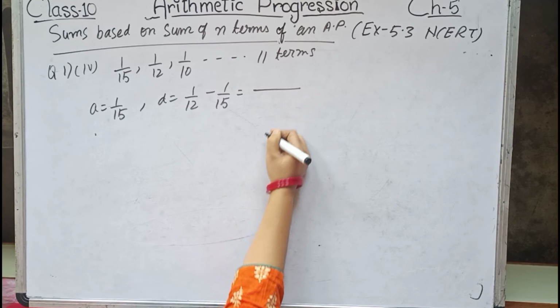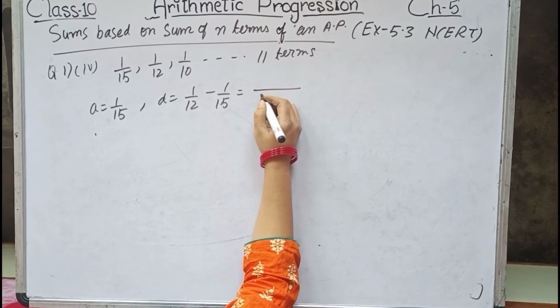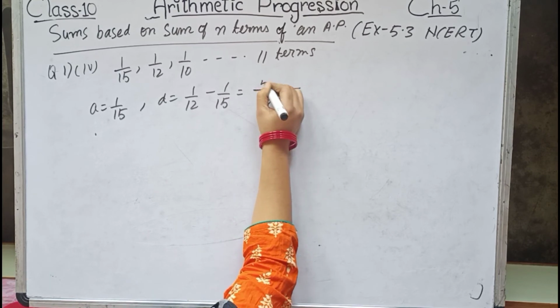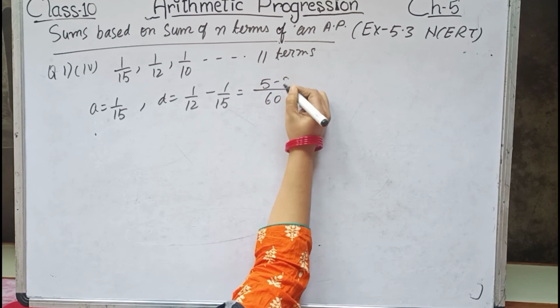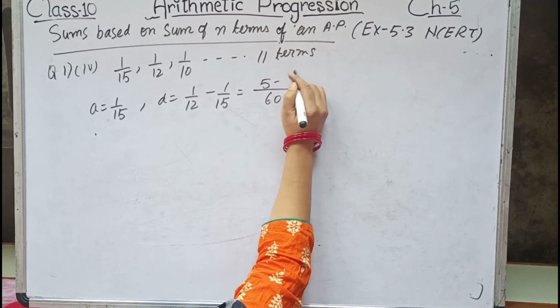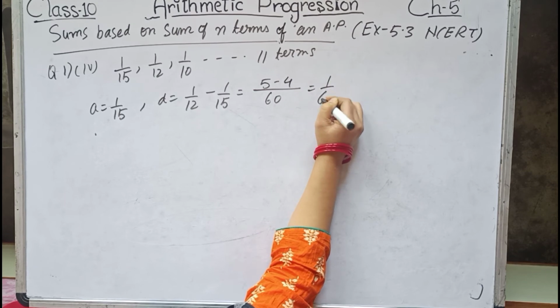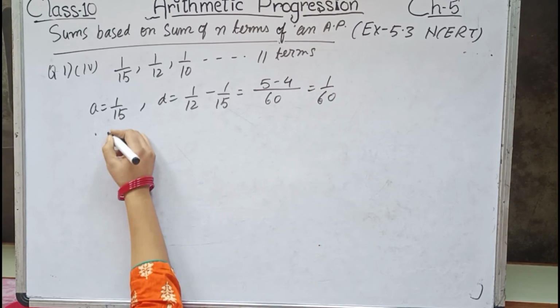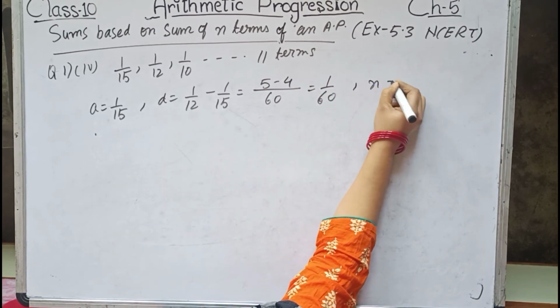So this will be equal to 5 minus 4 over 60. So this will be equal to 1 by 60. And n is how much? 11.